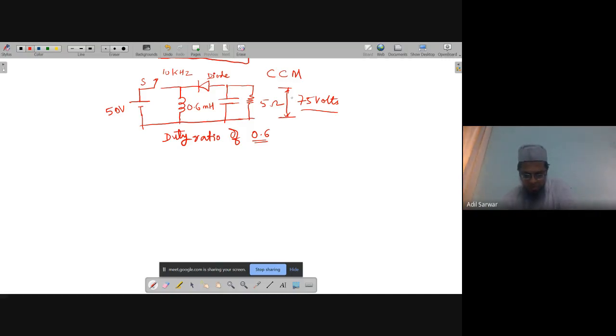so the question is that you have to find out the peak input current, the peak input current. So find the peak input current. That means the current that is flowing at the input side.